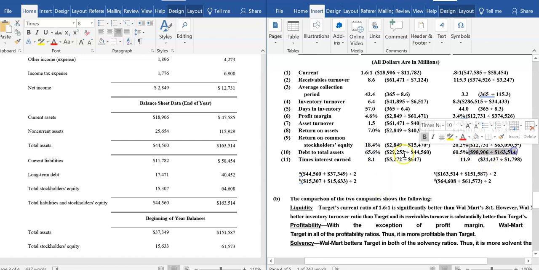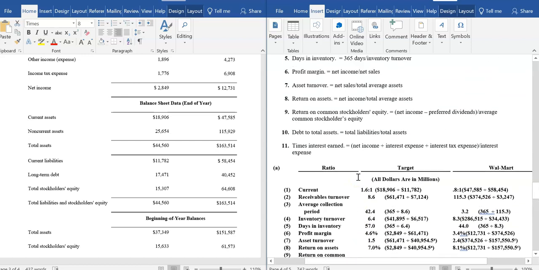For Walmart, add up the total current and long-term liabilities to get total liabilities, divide by total assets to calculate 60.5%. In other words, it looks like Target has more debt as a percent of their assets than Walmart. So overall, Walmart is a little bit better financially positioned than Target, but still not a whole lot.